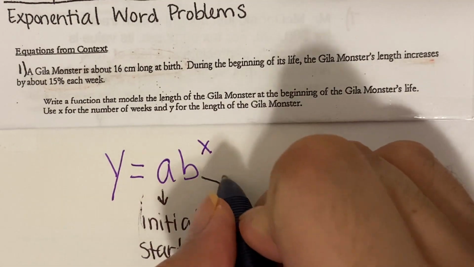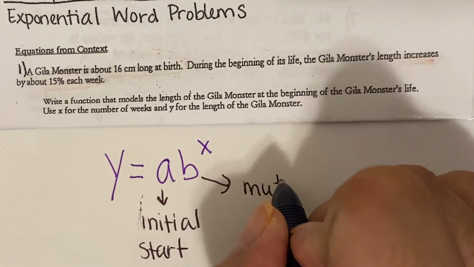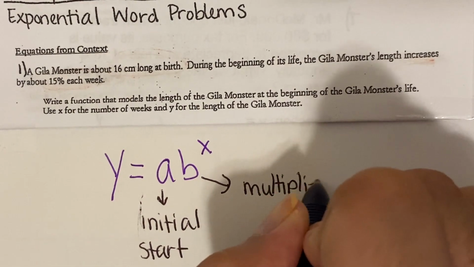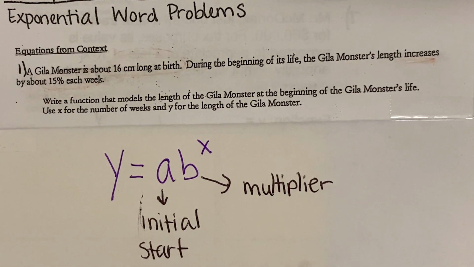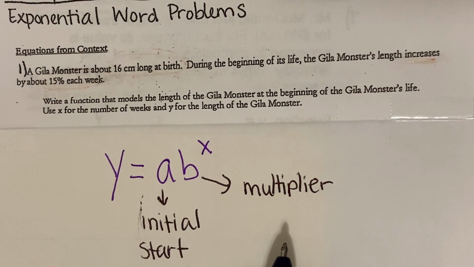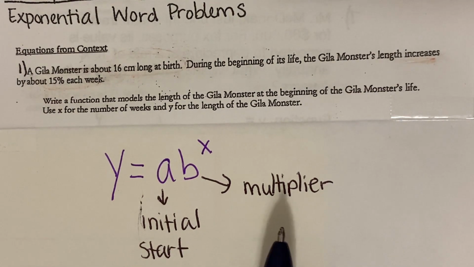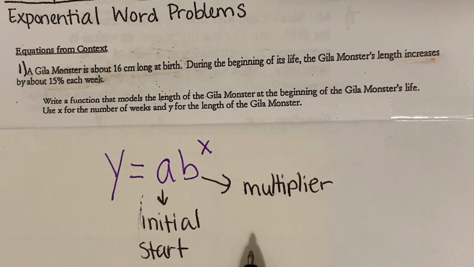And then we have b, our multiplier. Okay, and our multiplier can be greater than 1 or in between 0 and 1, which is like a decimal like 0.5, 0.2, 0.33, and so on. So let's go ahead and get into our first problem.